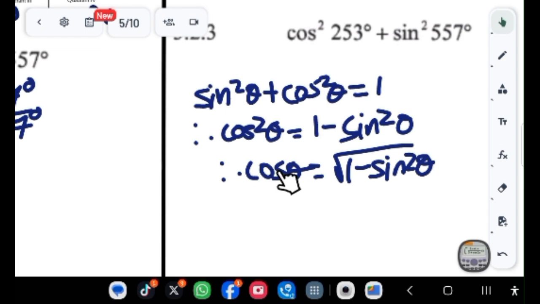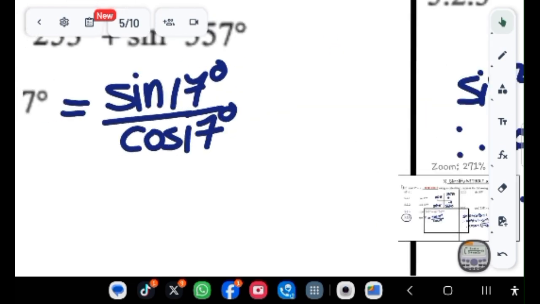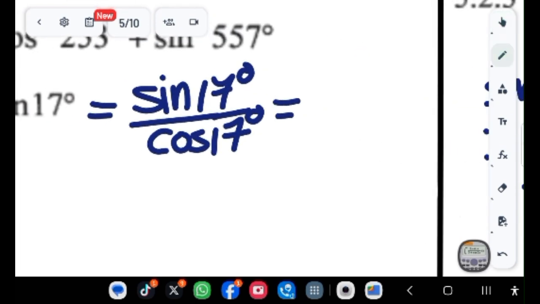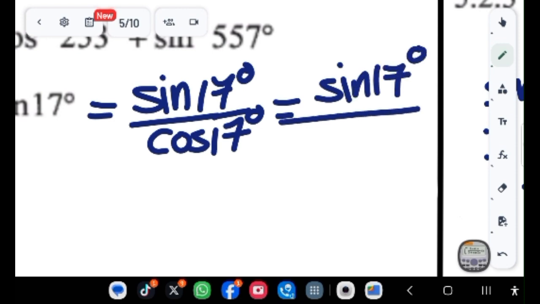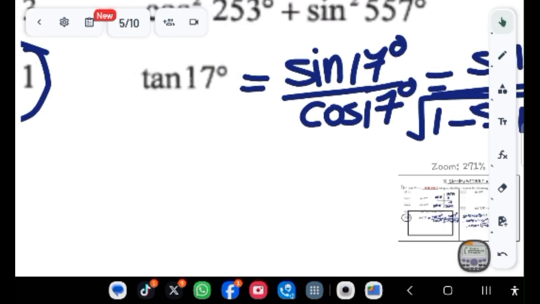Similarly, the sine of theta in terms of cos will be the square root of 1 minus cos squared theta. So that becomes sine of 17 degrees over the square root of 1 minus sine squared 17 degrees. Okay, let me fix that, sorry about it. You know what the sine of 17 degrees is?